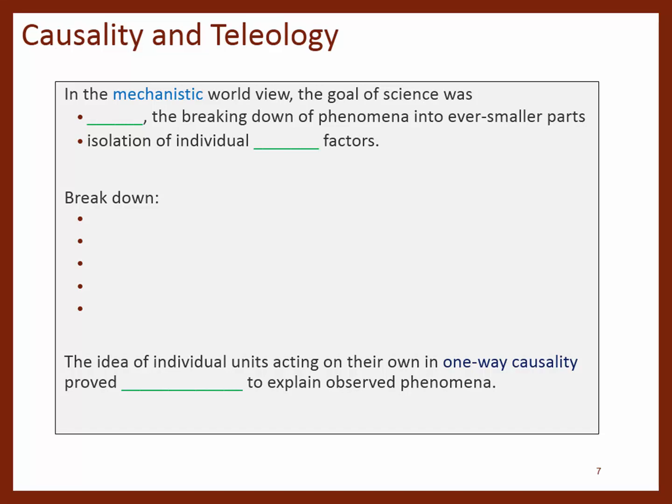So from here we move to what is the mechanistic worldview. The goal of science was analysis, the breaking down of the phenomena into smaller parts. That way, you wanted to get additional understanding of how things work. So the idea was to isolate individual causal factors. So this is happening because this is pushing, or this is moving, or this is affecting the behavior of a part or an organism.